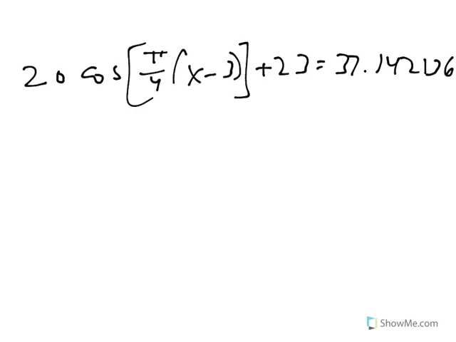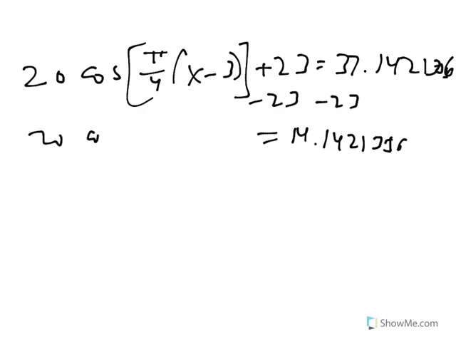Okay, let's look at this more complicated looking example. First, we're going to take away the 23 from both sides and get 14.142 1356. That's 20 cosine of this complicated expression.